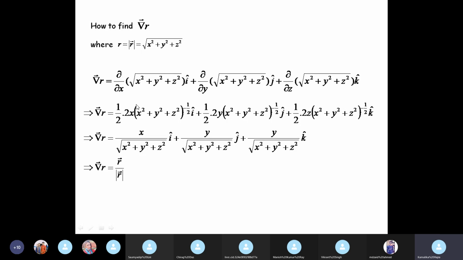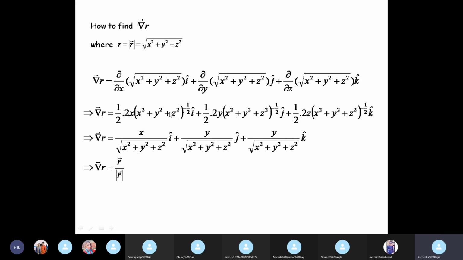You take the partial derivative of this function with respect to x, treating y and z as constant. So what will that be? This is basically x squared to the power half, so half into 2x multiplied by this whole function to the power minus half. I hope you can understand what is being done here.